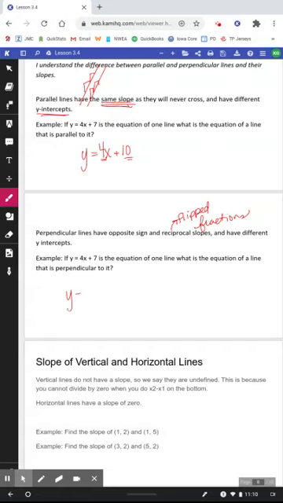So I'm going to do y equals, and I need the opposite sign. This is a positive 4, so I'm going to make my new one a negative. And I also have to flip it into a fraction. So instead of 4, it would be 1/4 x. And it needs a different y-intercept, so it could be anything. So I'm going to put plus 0.